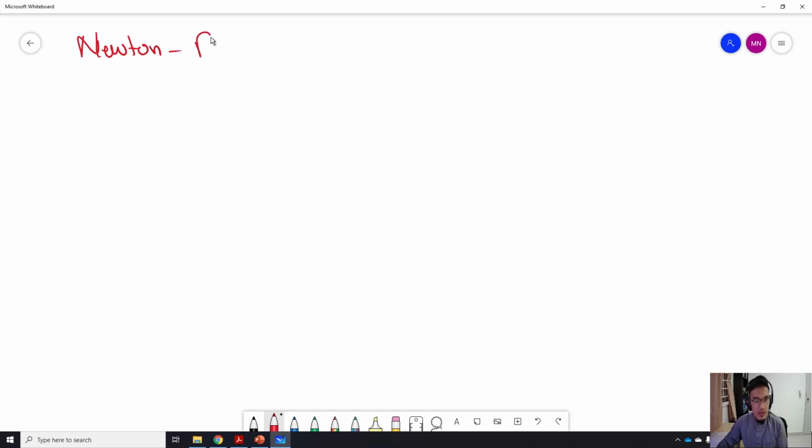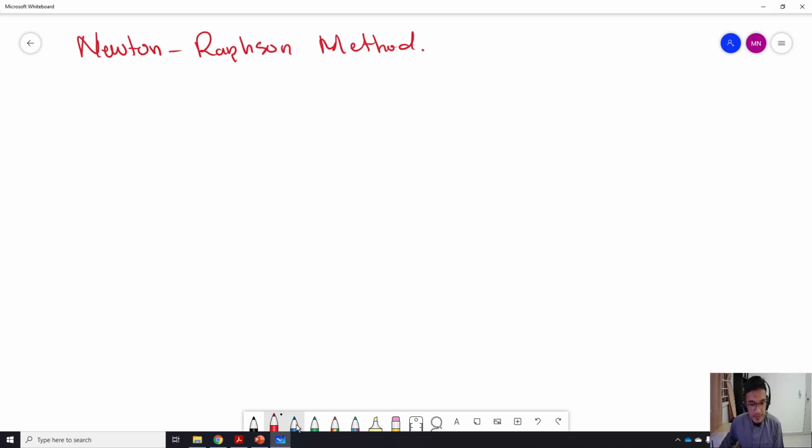Okay, for the next section, we will cover the Newton-Raphson Method. This method will give us the exact value for the roots of the equation.